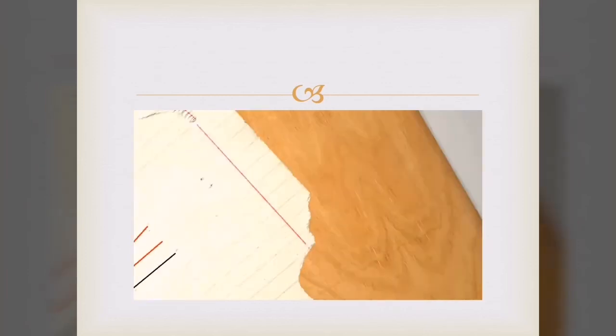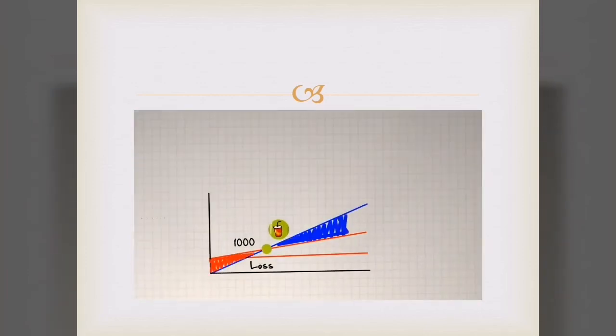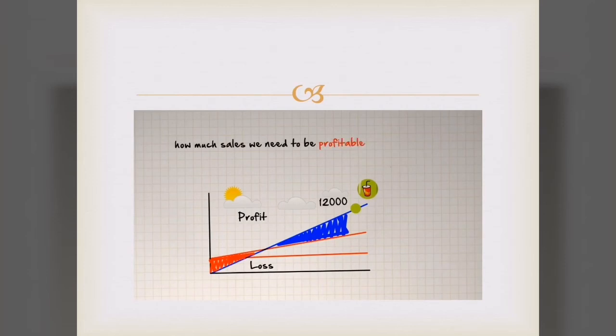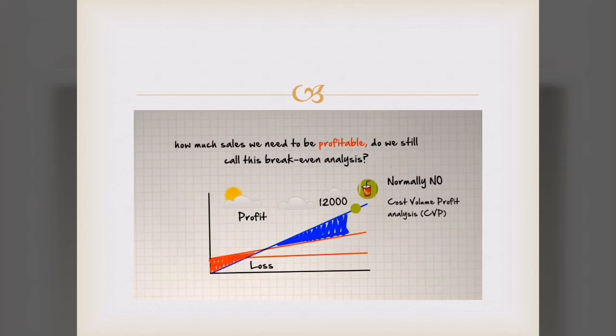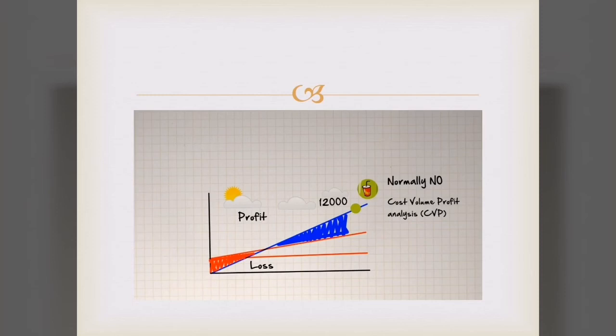But after a while, you'll want to do better than break even. You'll want to have some profit as well. So when we try to find out how much sales we need to be profitable, do we still call this break-even analysis? Normally, no. We now call this cost volume profit analysis, or CVP for short. With cost volume profit analysis, we try to find out how much sales we need to reach a certain target profit.